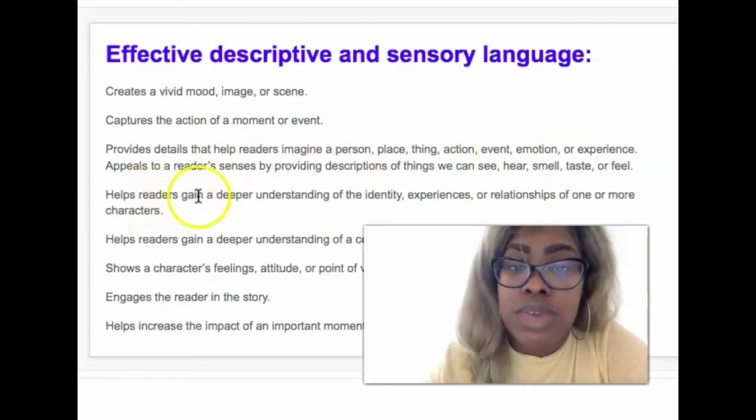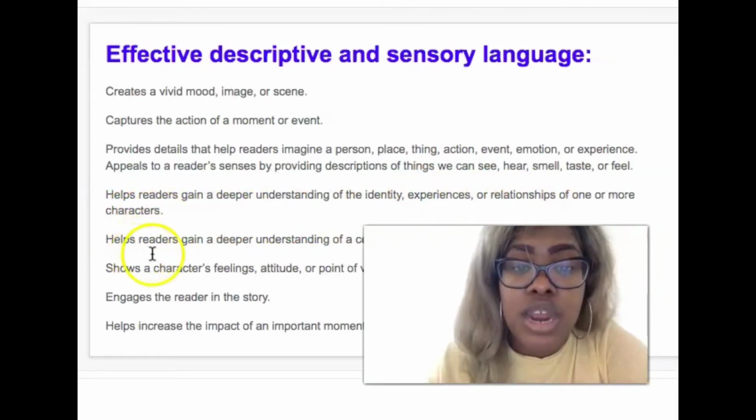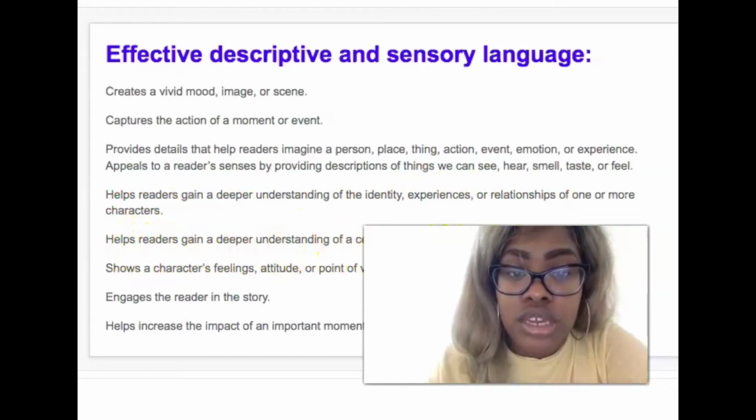You want your reader to be able to gain a deeper understanding of the identity and the experiences and the relationships of one or more of the characters. And you want to help readers gain a deeper understanding of the theme or the conflict. You also want to share how the characters feel and what their attitude and their point of view is on certain subjects. And make sure it's engaging and helps increase the impact of an important moment, revelation, or statement.